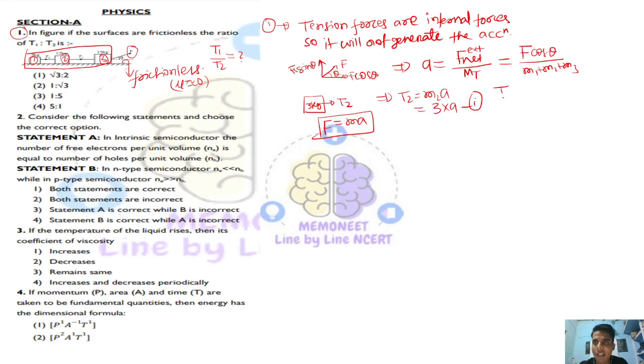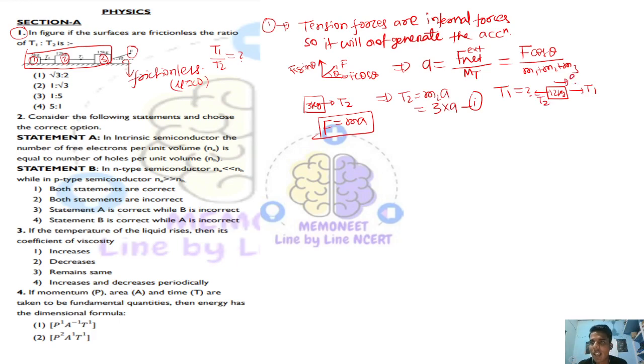Now we want T1. Looking at the second block, which is 12 kg, there is T1 acting on it and T2 acting behind it.